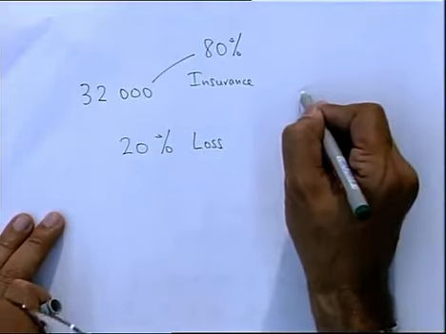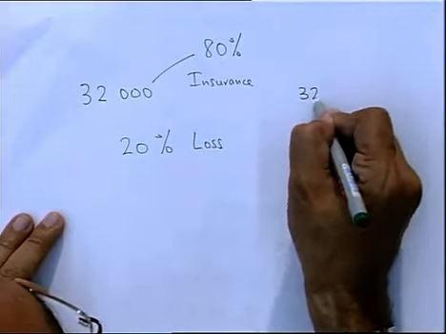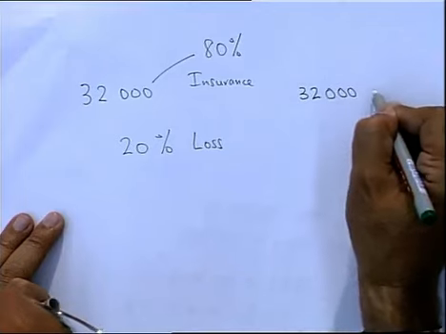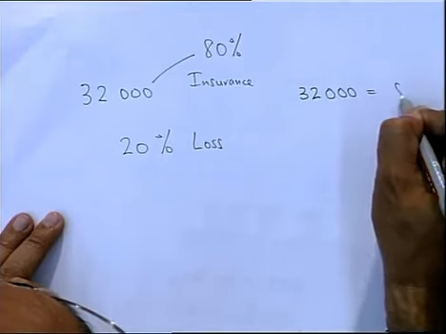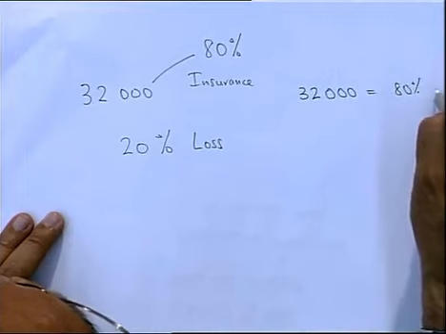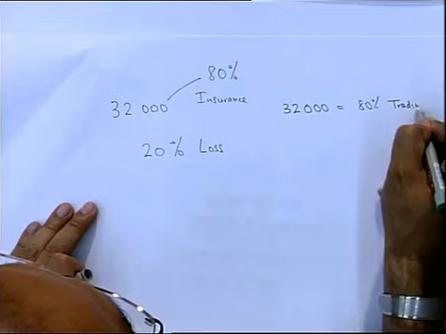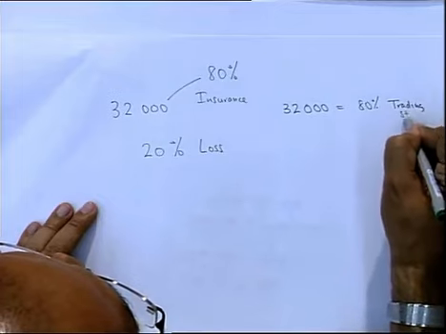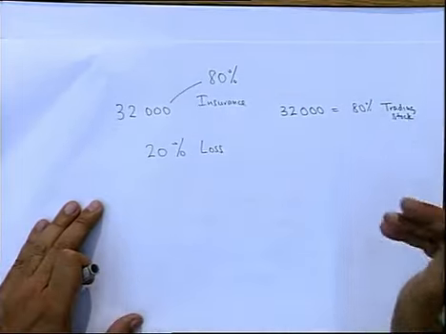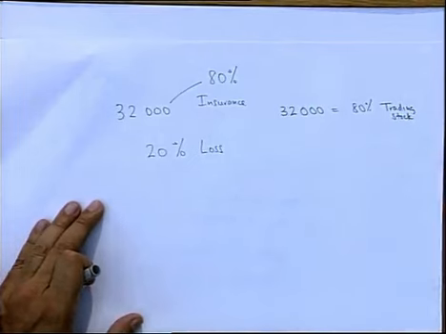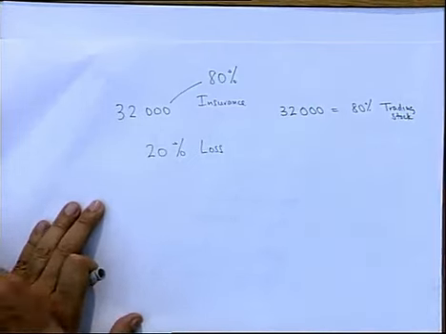Right, so 32,000 is equal to 80% of the trading stock that was stolen or that was destroyed.